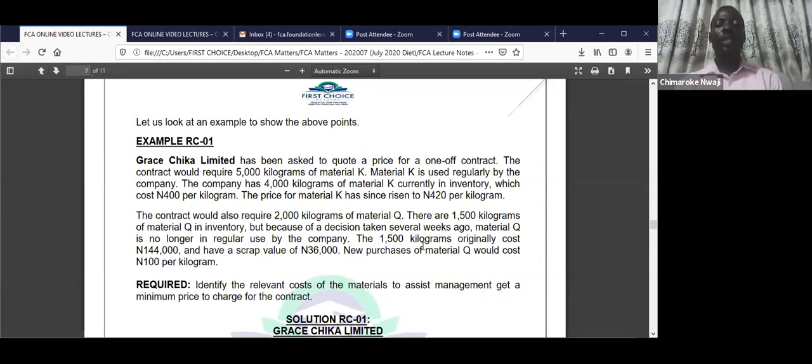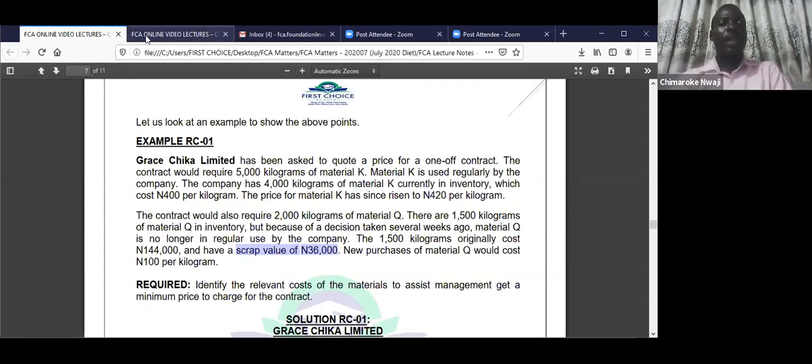Question here says the 1,500 kg originally cost 144,000 and have a scrap value of 36,000. So it means if you don't use this material for the one-off contract that you want to do, there's a possibility you sell them for scrap. So the opportunity cost of using this material for your one-off contract is that scrap value that you are going to miss. So that's your opportunity cost.